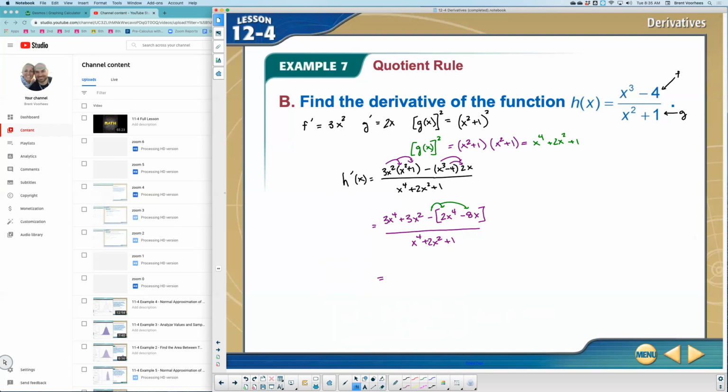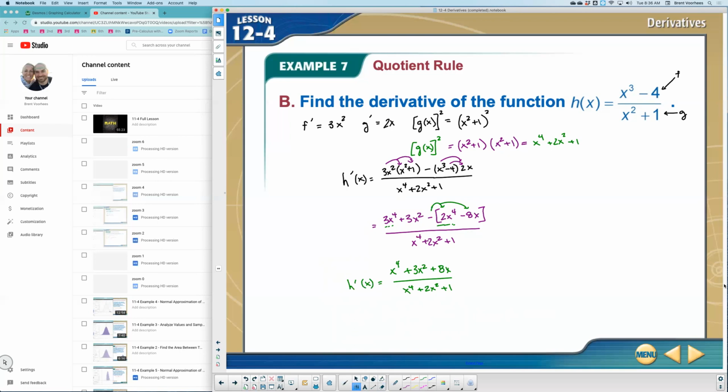Then I'll have positive 3x squared, and a negative of a negative is a positive 8x. All of this is divided by x to the fourth plus, whoops, forgot the 2x squared plus 1. This would be the standard form of h prime.